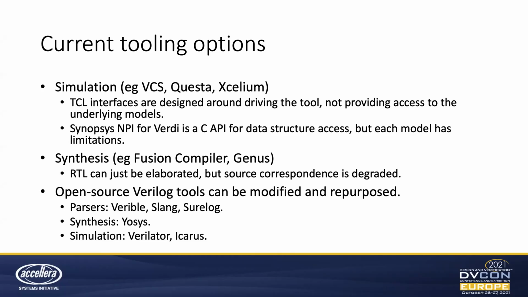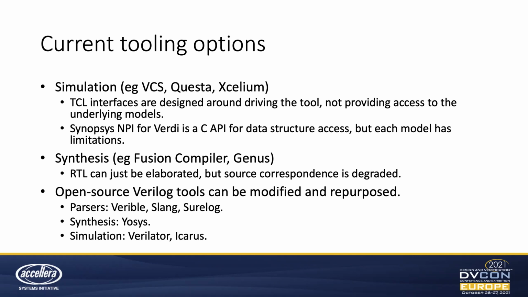There's one minor exception to this, I think, which is Synopsys provide what they call their native programming interface, which does provide access to the underlying data structures through a set of models. For instance, the source code model or a netlist model, or there's a structural coverage model. But each model has limitations, and I've played around with those models, and they haven't quite provided what we've needed.